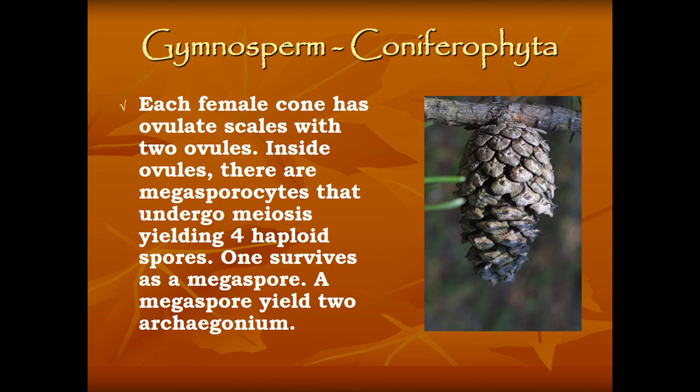For the female cone or female strobilus, each ovulate scale has two ovules. Inside the ovules, a megasporocyte will undergo meiosis, yielding four haploid spores. Only one of the haploid spores will survive as a megaspore, and it will next yield two archegonia, which are the female gametophytes.